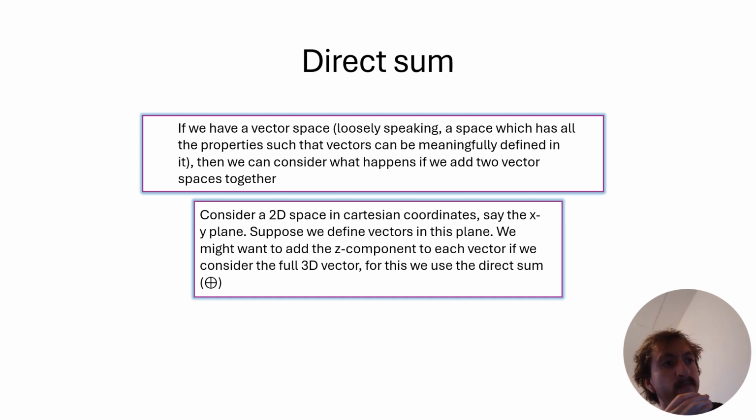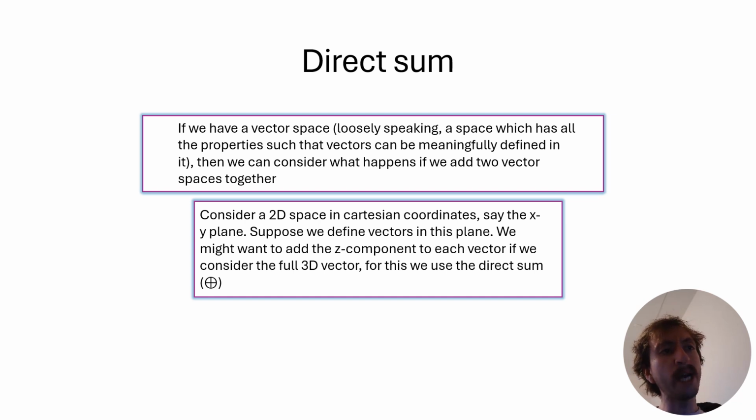does this by essentially, if we've got two vector spaces, so let's say one vector space has vectors living on the xy plane, and another vector space just corresponds to the z component of a vector.